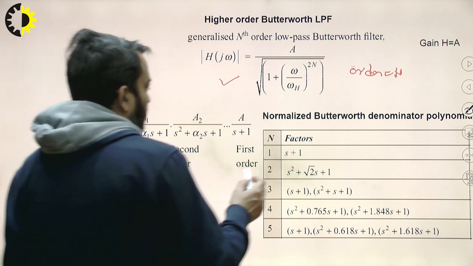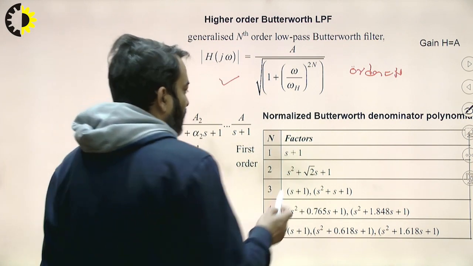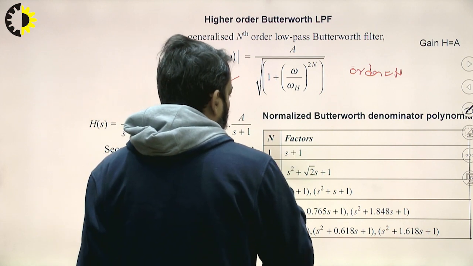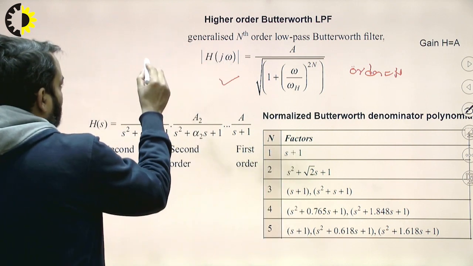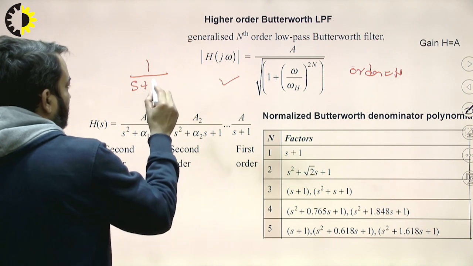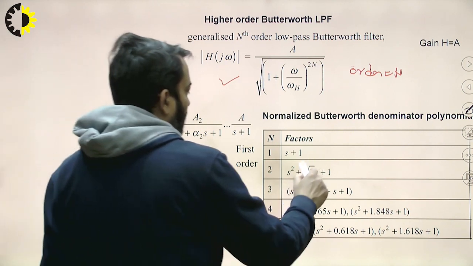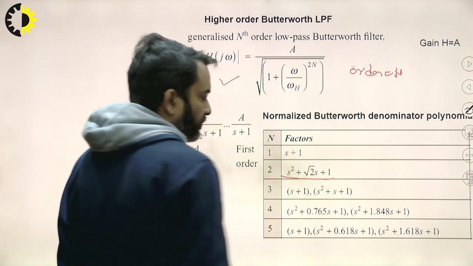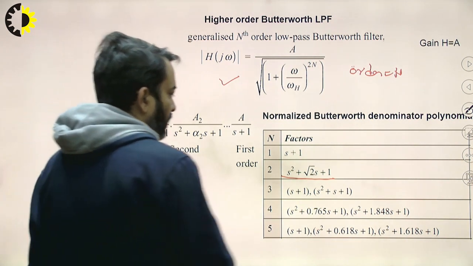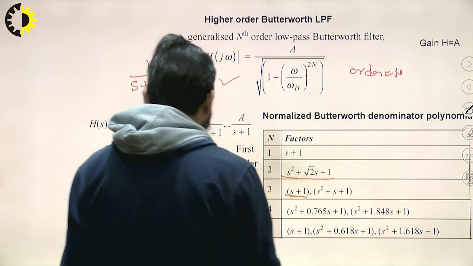And these are the denominator functions for higher order Butterworth. For example, for first order Butterworth, we will have transfer function of 1 upon s plus 1. For second order, this will be 1 upon this much. Third order, 1 upon s plus 1 multiplied by, this is first order.